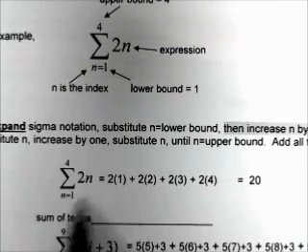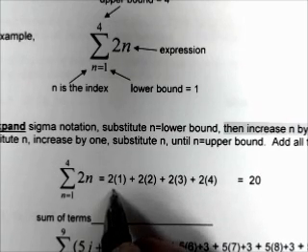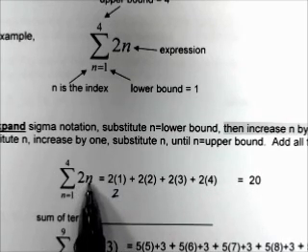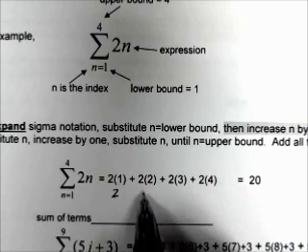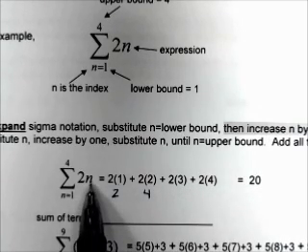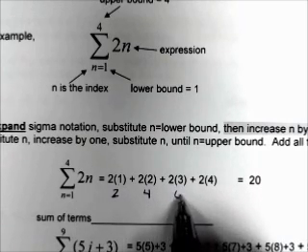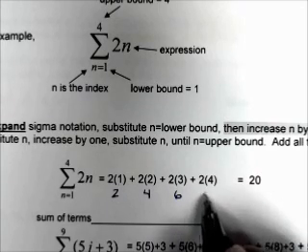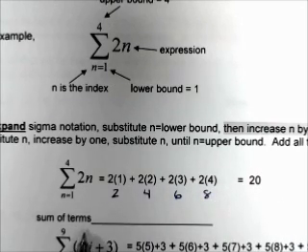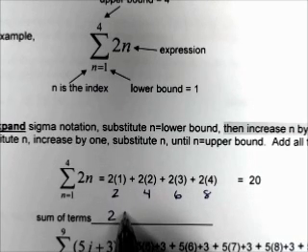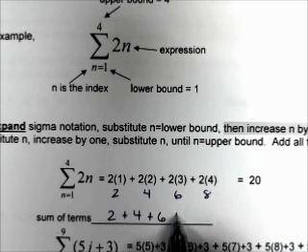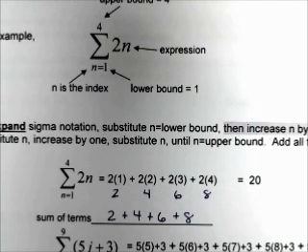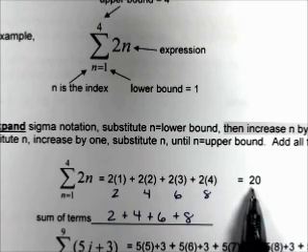So here we have 2 times 1, which is 2, and then substituting 2 in, 2 times 2, which is 4, and then substituting 3 in, 2 times 3 is 6, and substituting 4 in, 2 times 4 is 8. So the sum of terms is 2 plus 4 plus 6 plus 8, and the actual sum itself is 20.